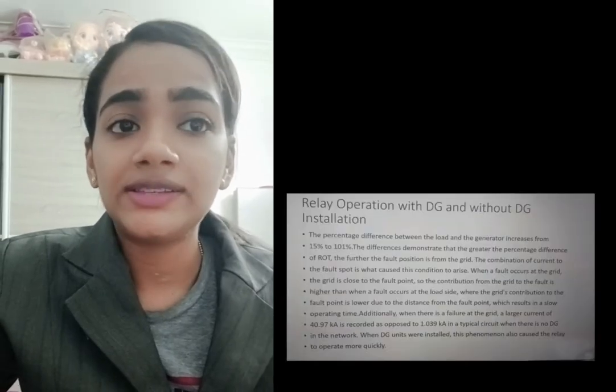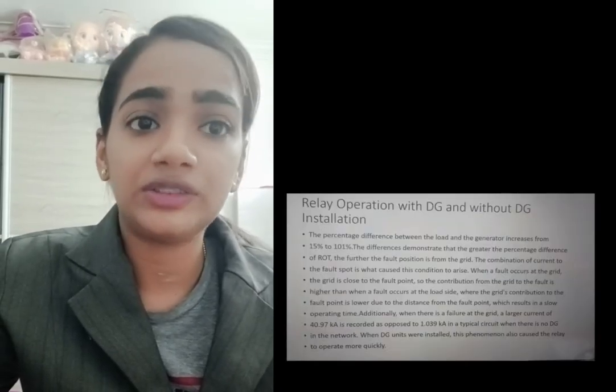In many aspects, British standards are comparable. The majority of national standards are based on either the British standard or the IEC standard. The protection system for utility companies like Tenaga Nasional Berhad uses the IEC 60255 standard in practice.